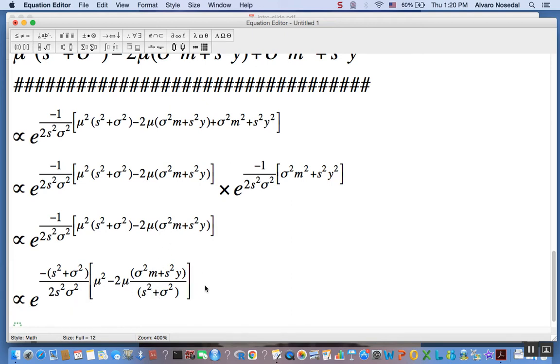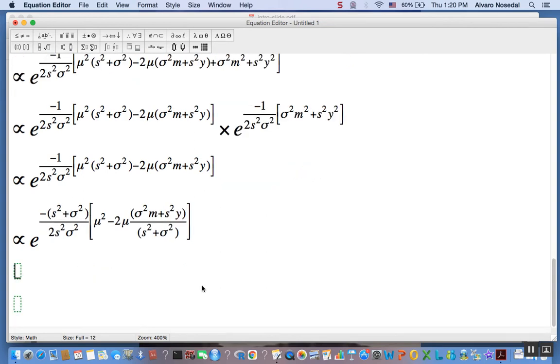So, the next step, as I was saying, would be just completing that square, right? We have basically that thing. We know that it would be the same as mu minus this squared. And again, note that this guy here doesn't involve the parameter mu. So what we would be doing here is just multiplying by a constant, right?